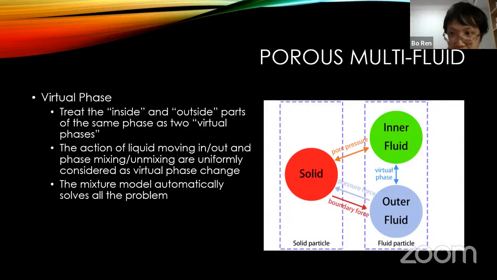So one phase will correspond to one inner phase and one outer phase in our simulation. And the action of liquid moving in or out and phase mixing or unmixing are uniformly considered as virtual phase changes calculated by the mixed model. So all the issues we mentioned in the last two slides are automatically solved by this mixed model kind of simulation with virtual phases.